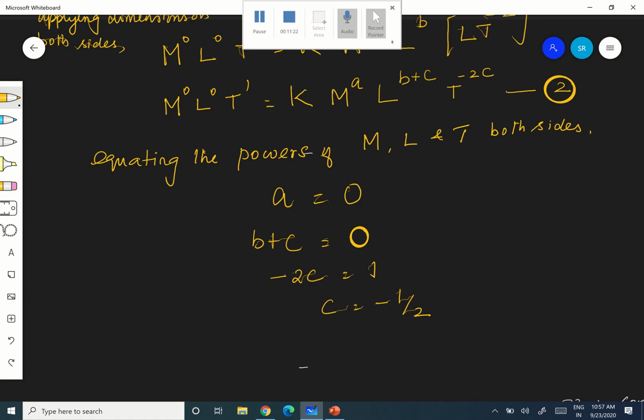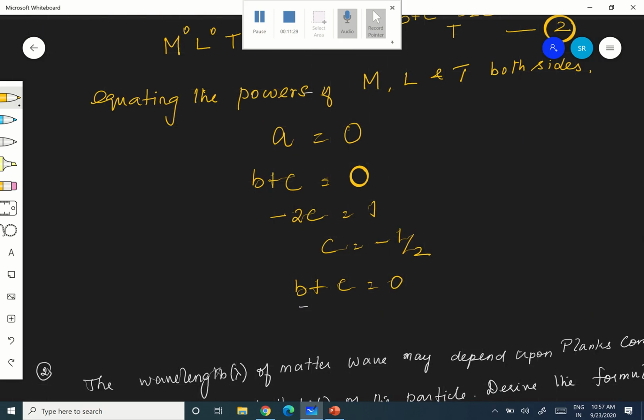Substituting, b plus c is equal to 0, that implies b minus half is equal to 0, that implies b is equal to half.